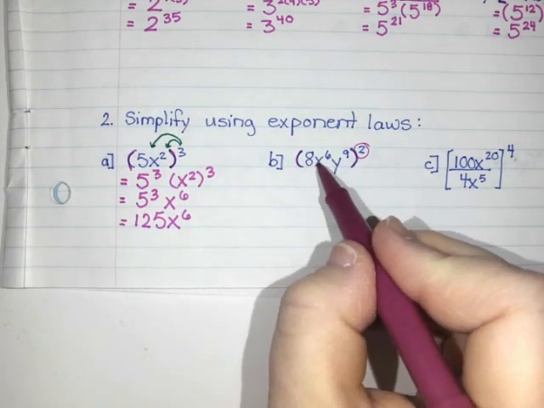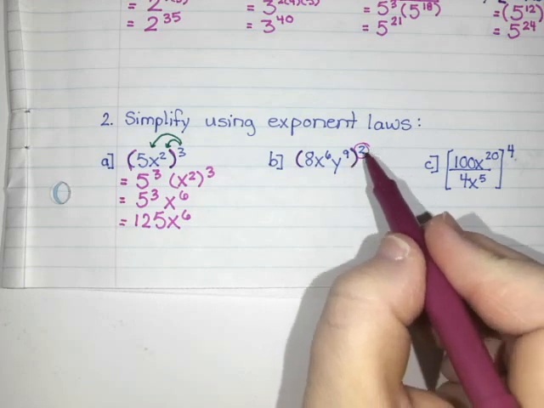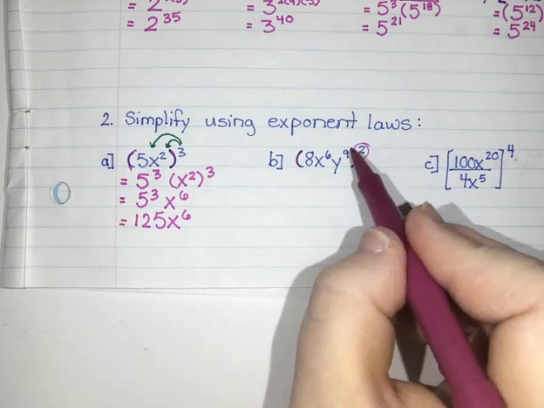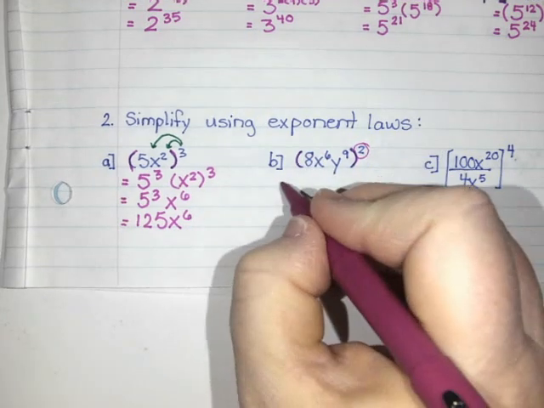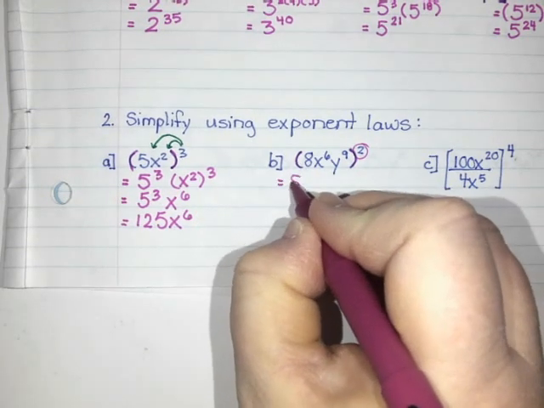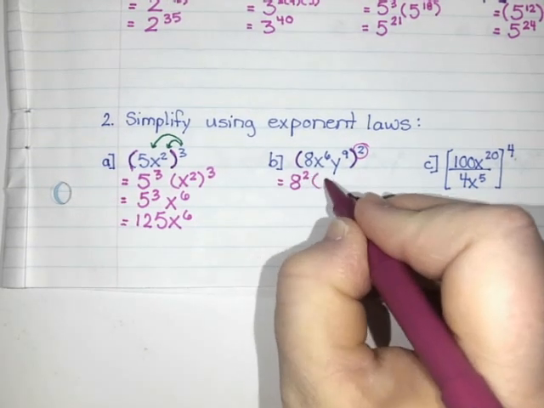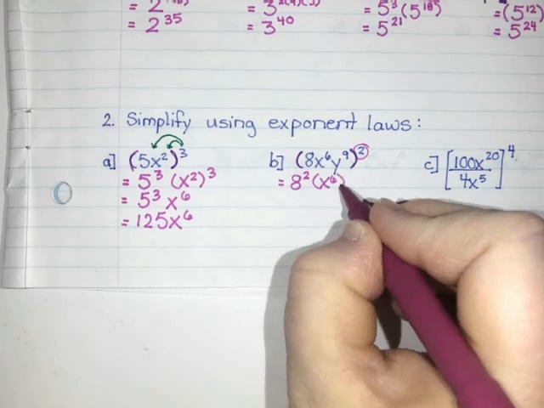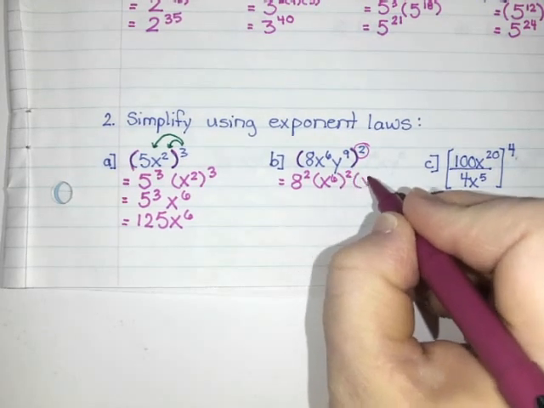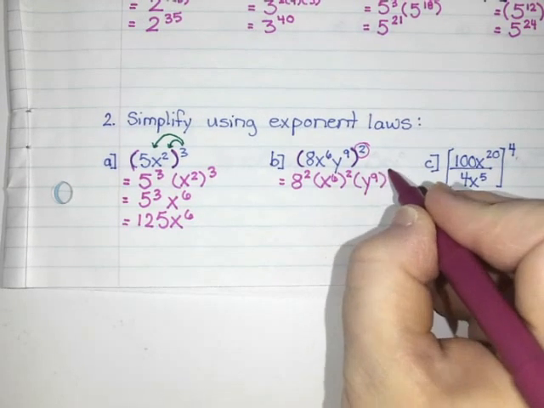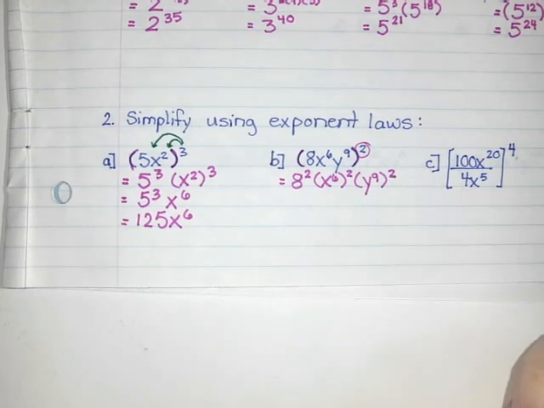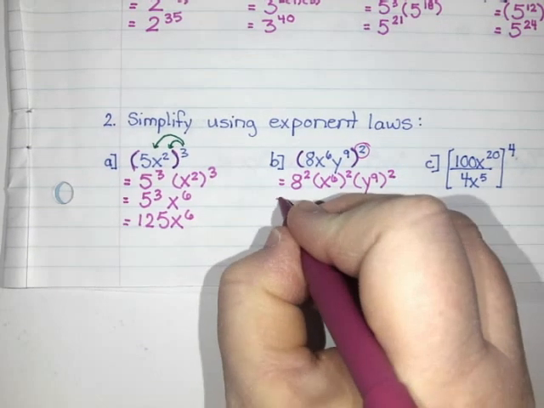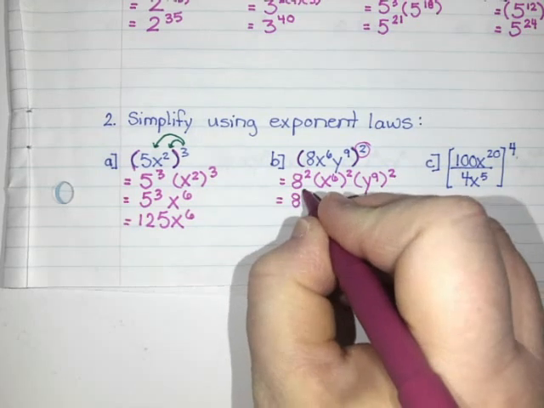So everything inside this bracket gets that power of 2 because that power of 2 is on the bracket. So that means that 8 gets the power of 2, x to the 6 gets the power of 2, and y to the 9 gets the power of 2. So I'm going to leave the 8 squared for a minute.